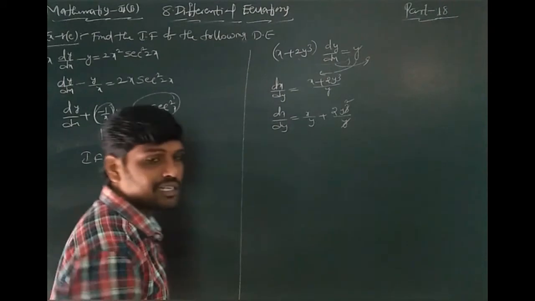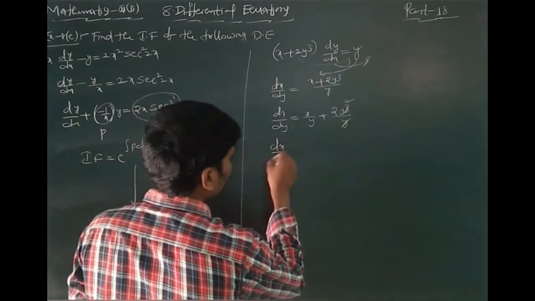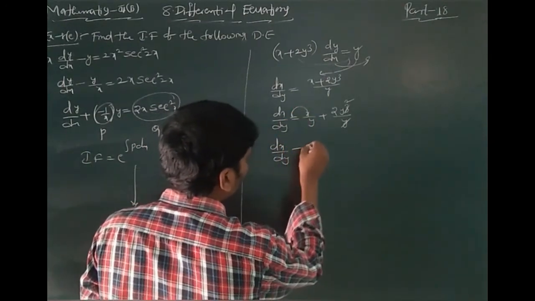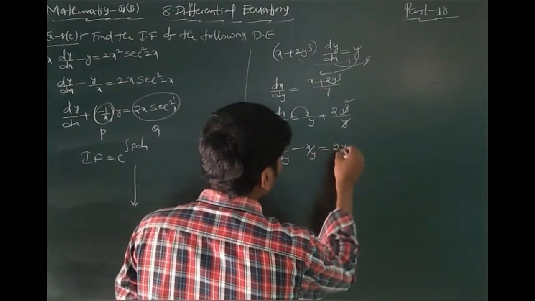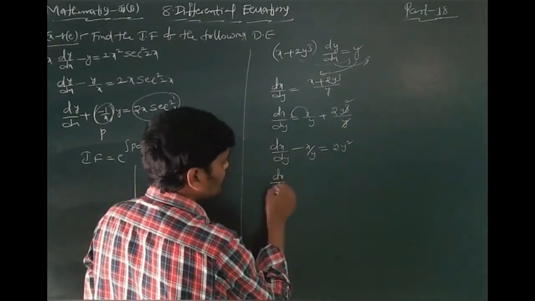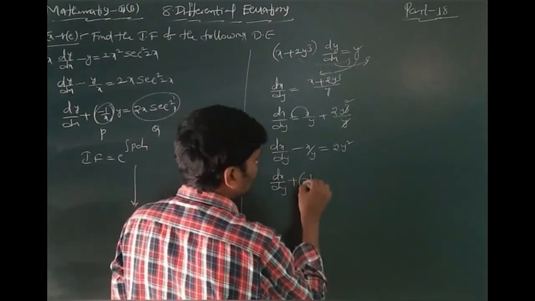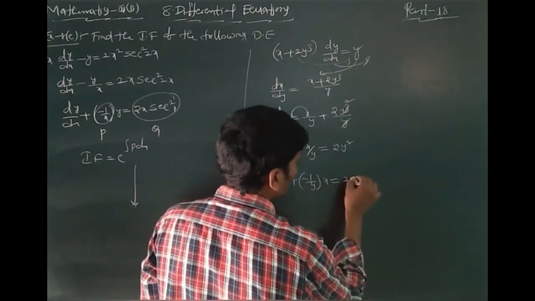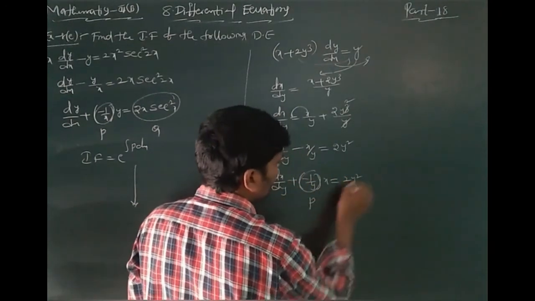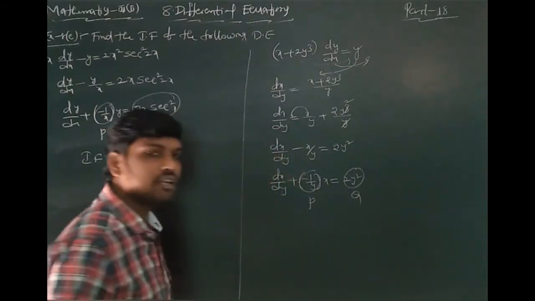The y gets cancelled, remaining 2y square. Dx by dy minus x by y is equal to 2y square. This can be written as dx by dy plus minus 1 by y into x is equal to 2y square. This is the value of p, this is the value of q.